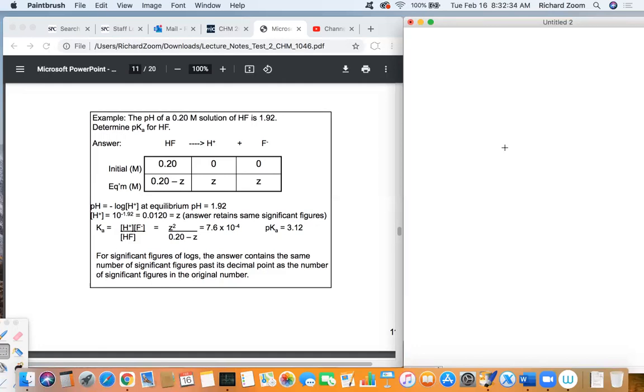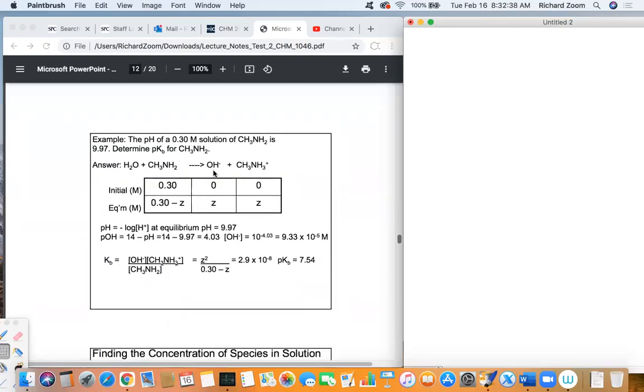Okay. So let's look at an example of finding a pKb. So I told you that Ka's have to do with acids, Kb's have to do with OH minus. Now if you look at CH3NH2, you don't see any OH minus anywhere in there.